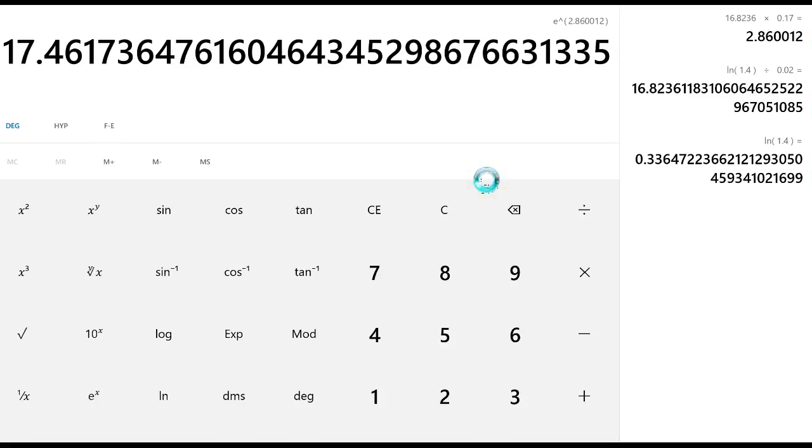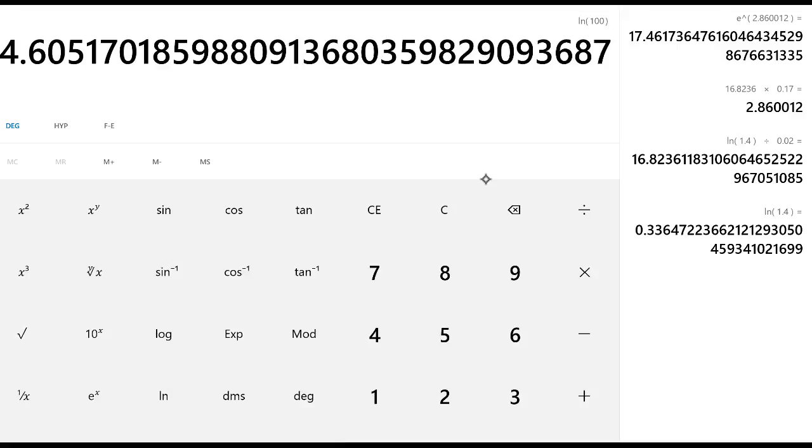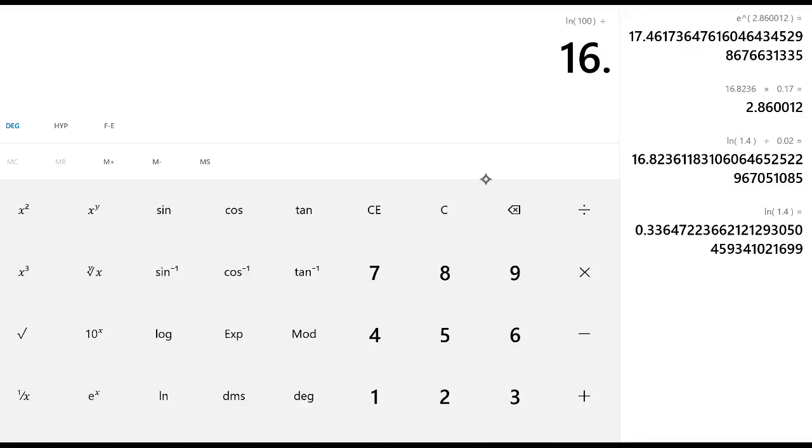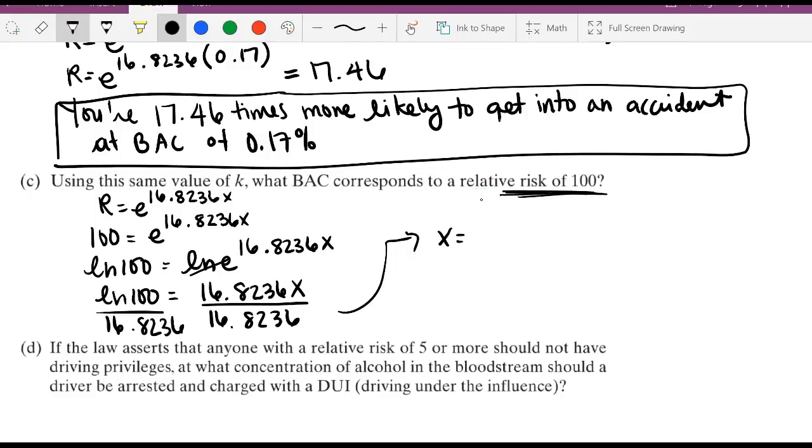So I'm going to punch in 100, and I need to take the natural log of that, and it wants me to divide by 16.8236 and hit equals. Okay, so according to my calculator, you have an alcohol level of 0.27%. Okay, so we're going to spell this out.